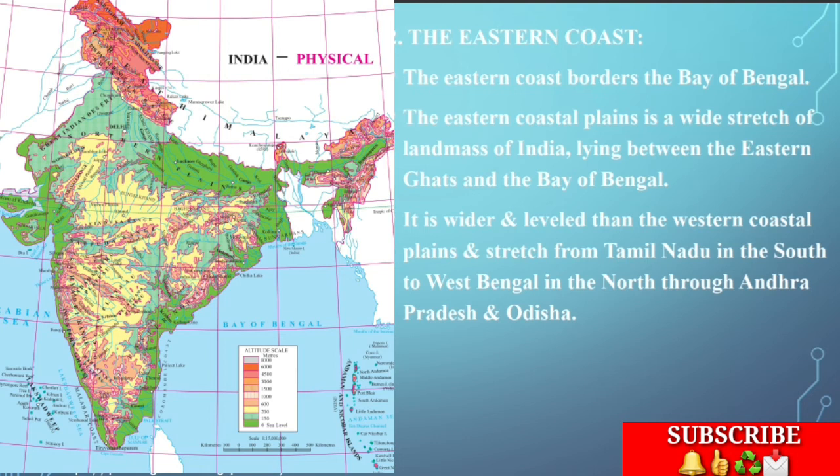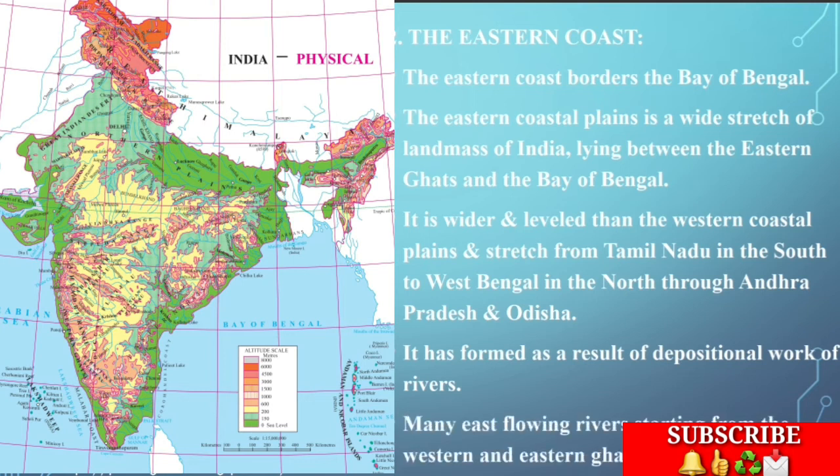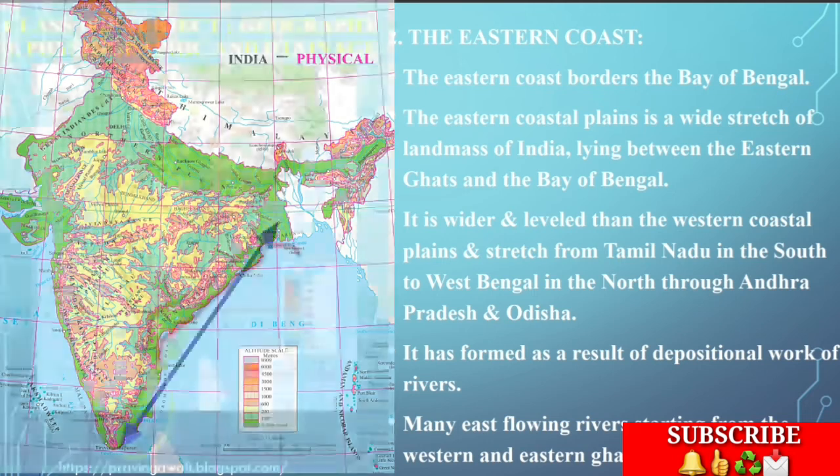It is wider and more level than the western coastal plains and stretches from Tamil Nadu in the south to West Bengal in the north through Andhra Pradesh and Odisha. It has formed as a result of the depositional work of rivers. Many east-flowing rivers starting from the Western and Eastern Ghats meet this coast.